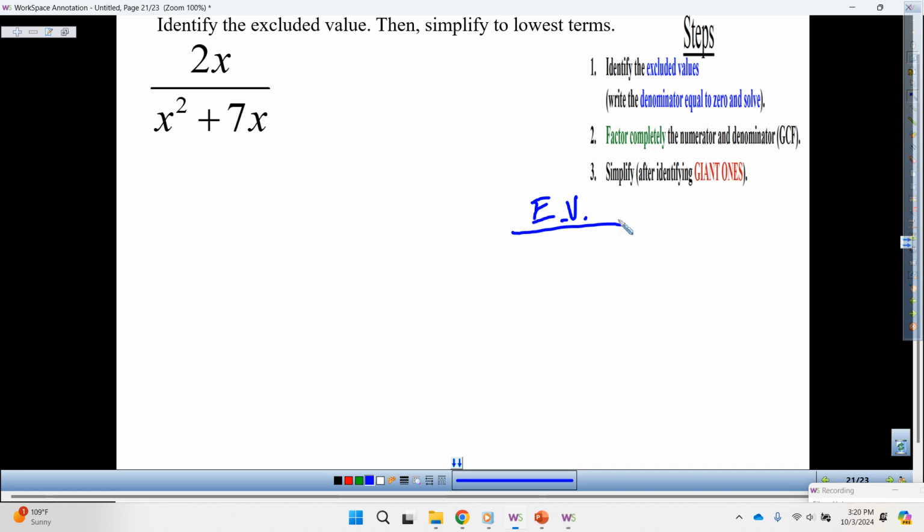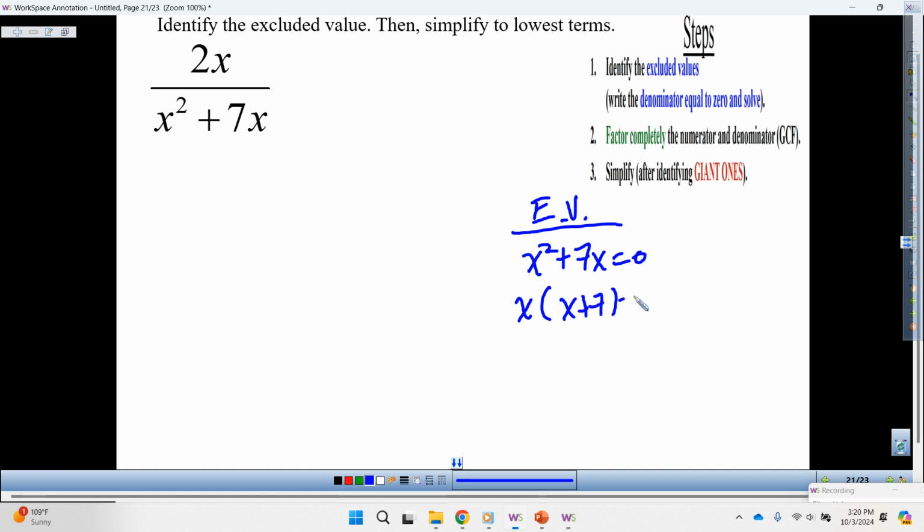All right, Malachi, walk us through the excluded value while people share with their neighbors what you got. Come on, Malachi. What do I write? The GCF is x.